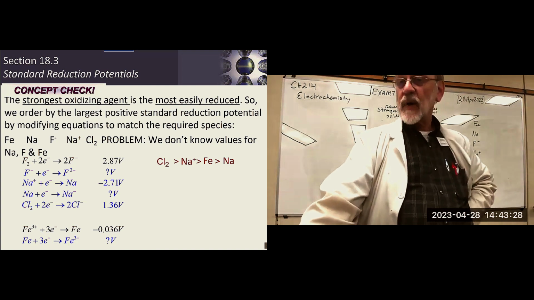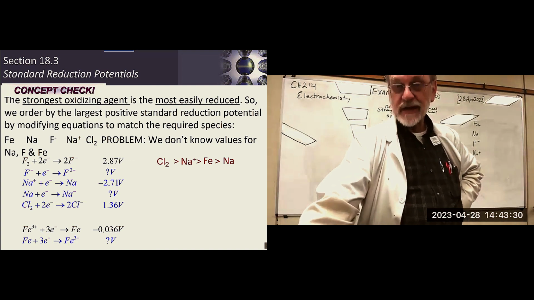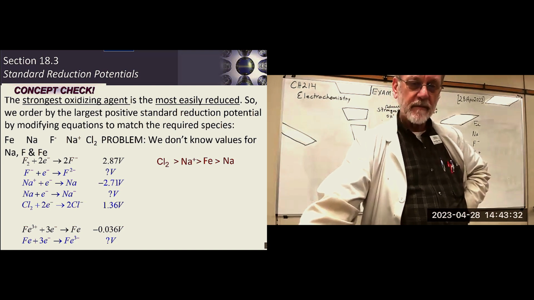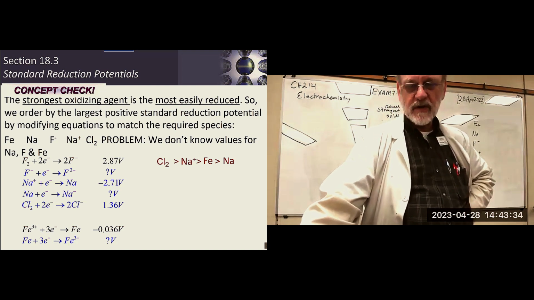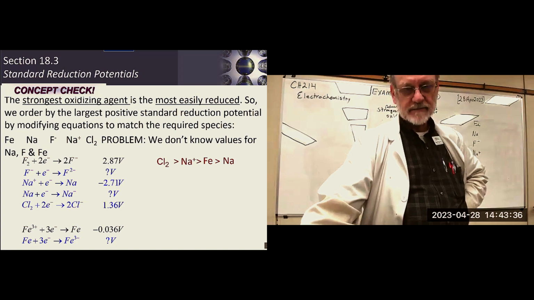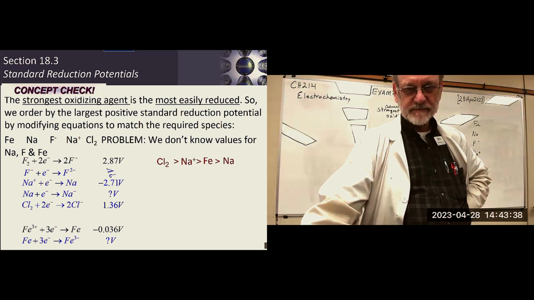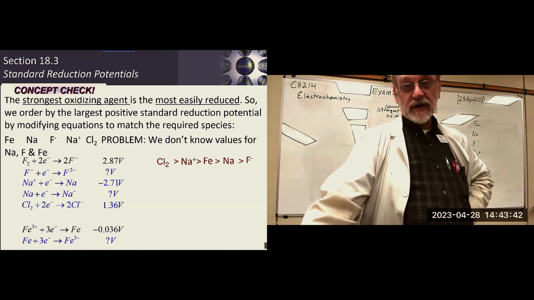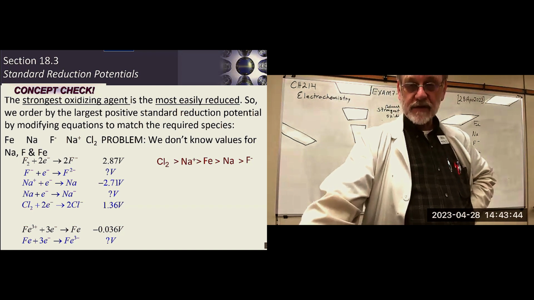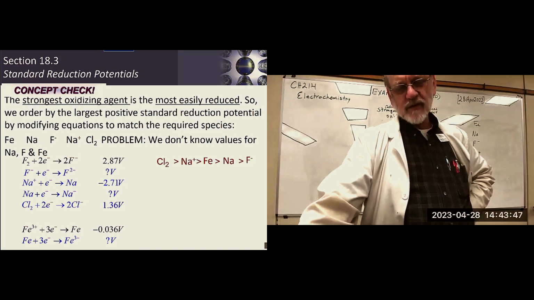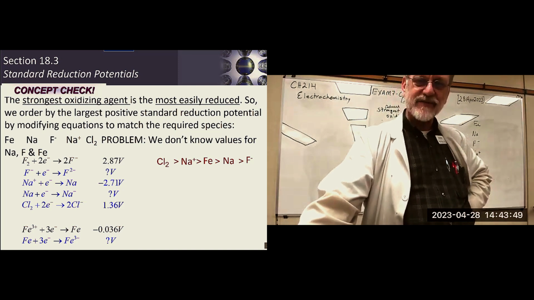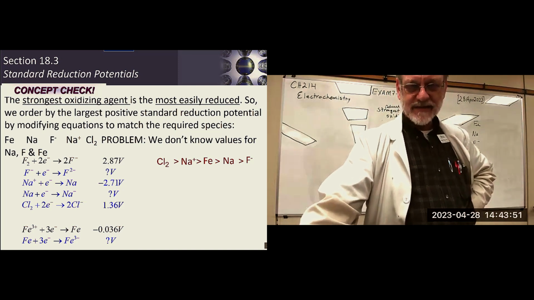Yeah, because it's positive and it attracts an electron. Yeah, that's true. It's a better oxidizing agent because it's more easily reduced. And the fluorine definitely doesn't want an electron, so it's going to be at the bottom of the list. So we tried to intuit the answer to this one, and it's a little iffy.